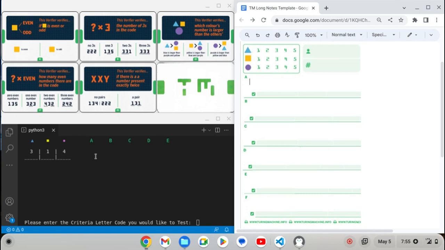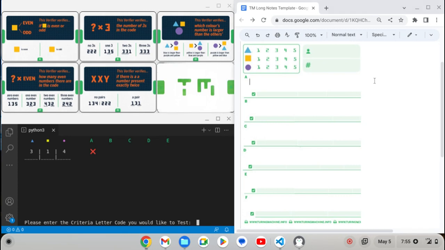So I like to focus on criteria A and determine whether the middle digit is even or odd. So I'm going to test A, and the Turing Machine tells me, no, it is not correct that the middle digit is odd. So that means that the middle digit must indeed be even.